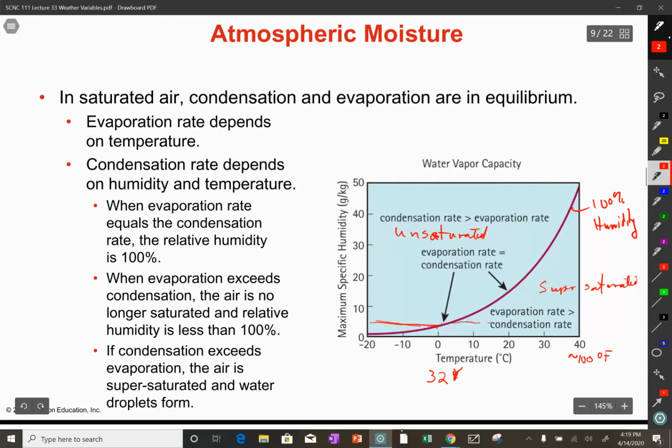In fact, if you compare those, that's about 5 compared to 50. So you can hold about 10 times more moisture in the air at 100 degrees Fahrenheit than you can at 32 degrees Fahrenheit. So 100% humidity at 100 degrees Fahrenheit is 10 times more moisture in the air than 100% humidity at 32 degrees Fahrenheit.